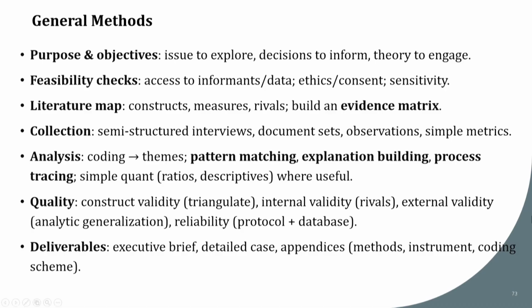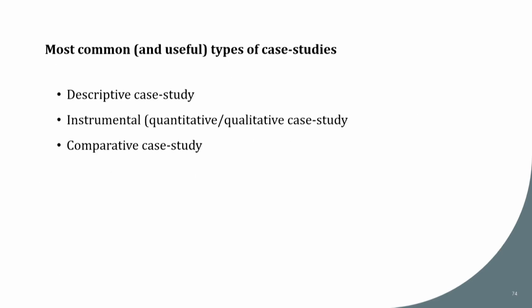So depending on your research purpose, case studies can take different forms. So let us explore the most common types. I am listing out here three major types of case studies. One is descriptive. Descriptive means documenting a case in detail, like the Kingfisher Airlines collapse.